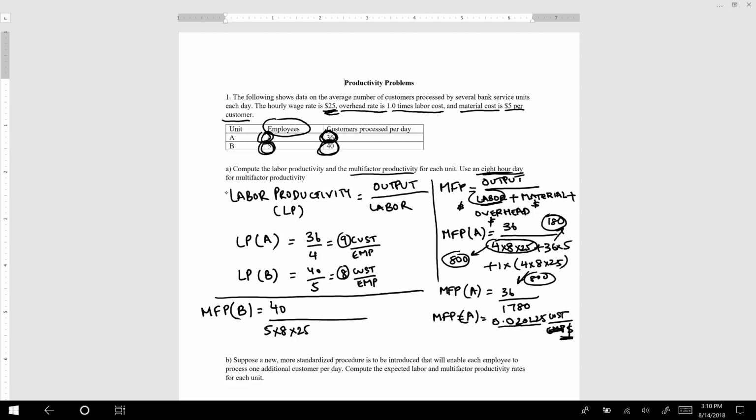So this would be our labor cost, plus material cost is, again, $5 per customer, so we have 40 customers processed by unit B, so 40 multiplied by 5 will be material cost, and then overhead cost is again 1 times labor cost, which is 1 multiplied by the labor cost, this one, 5 times 8 times 25.